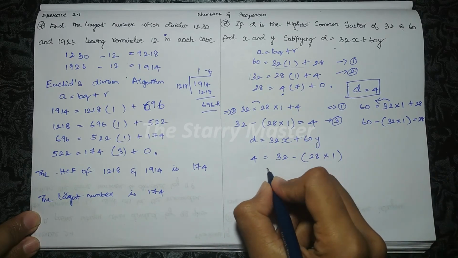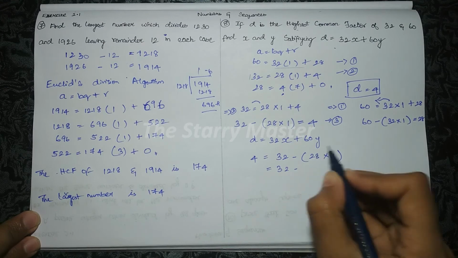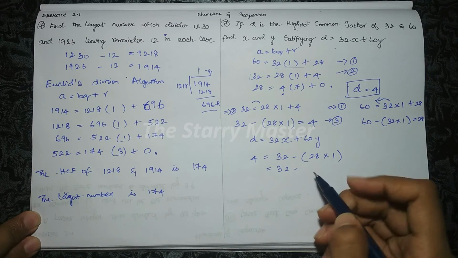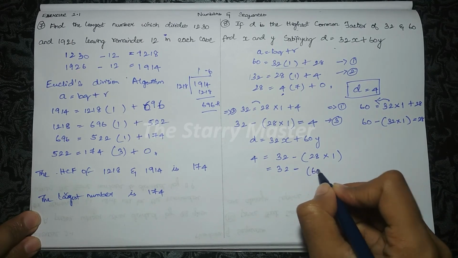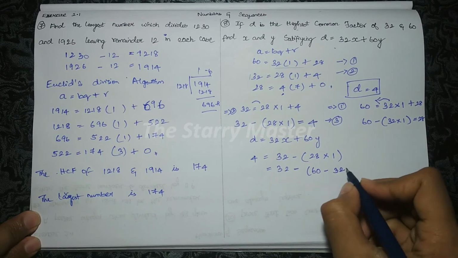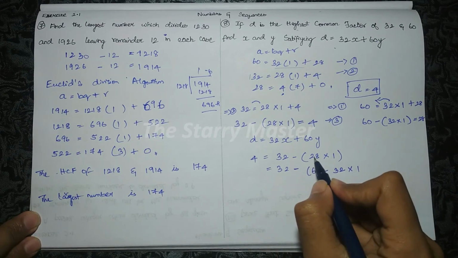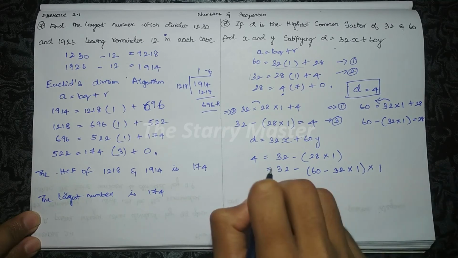Then we have 32 minus 28 equal to this value, and 28 equal to this value. So we substitute here 60 minus 32 into 1. Again, in place of 28 we have written this, then we have into 1 separately.